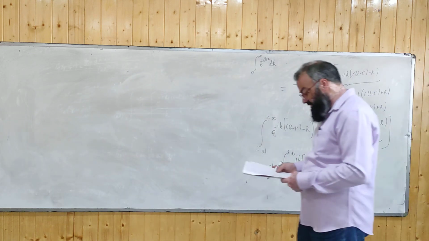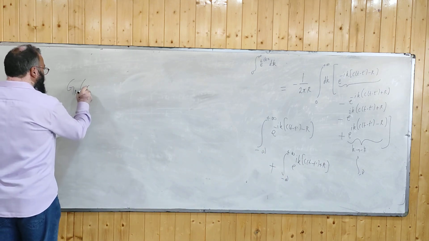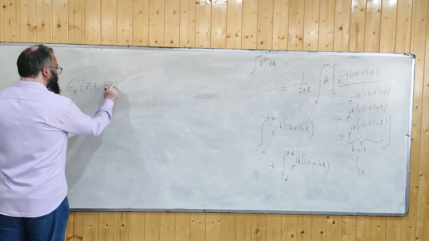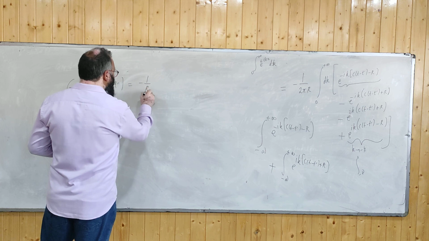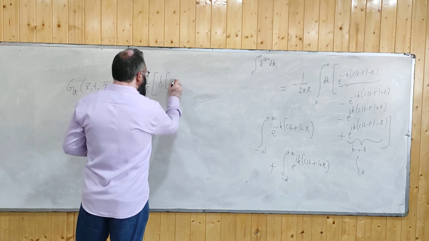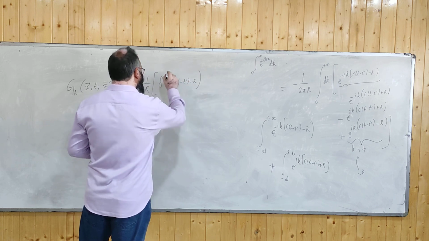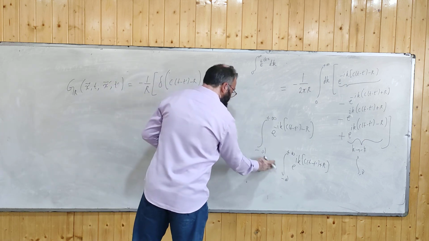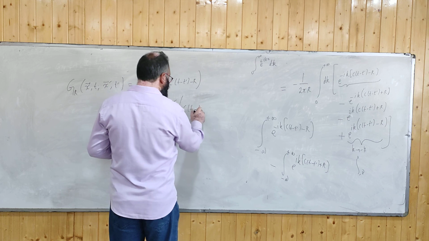So what is our Green's function then? Our retarded Green's function G(x, t; x prime, t prime) is equal to minus 1 by r times one integral, which will actually be delta of c (t minus t prime minus r), then minus delta of c (t minus t prime plus r).